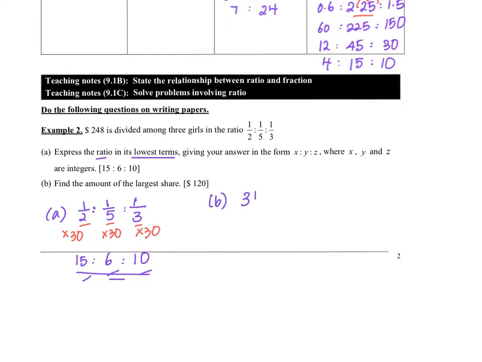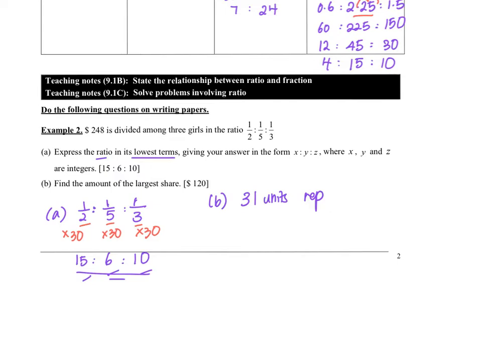Now I'll request the following presentation to be done properly. 31 units represent. Please do not use the equal sign. Okay, 31 units is not equal to $248 technically, because 31 units have no units, but $248 have a unit to it, and the unit is dollars.